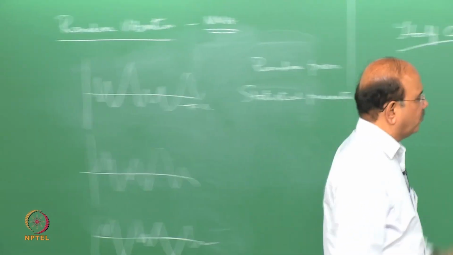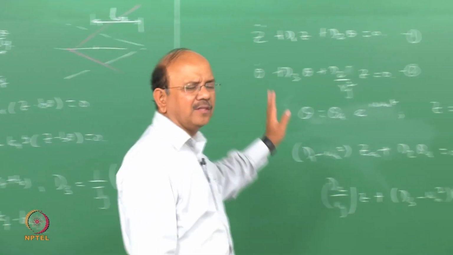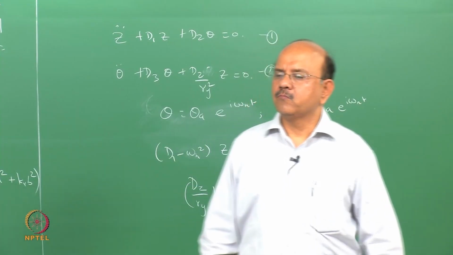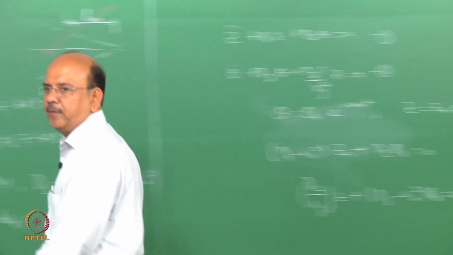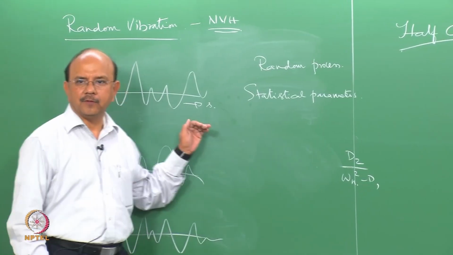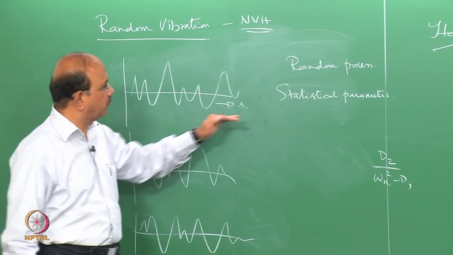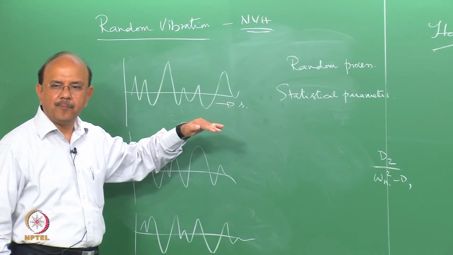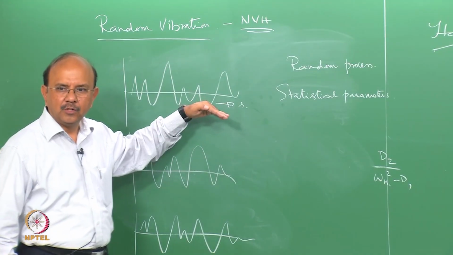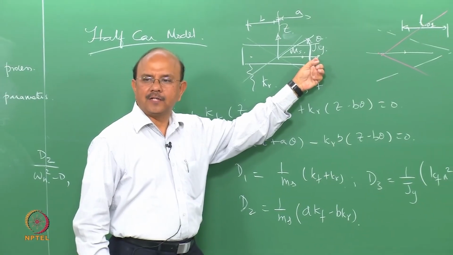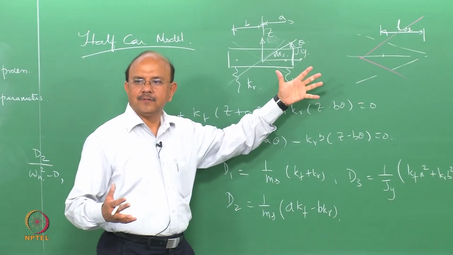The reason for studying this is to see the effect of these uneven surfaces. Yes, good question. Why am I studying this? Because this is going to be my input. Certain statistical parameters which I am going to explain will form the basis of input to my system, which I would call the linear time invariant system.